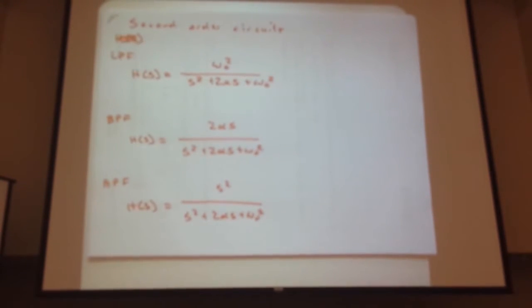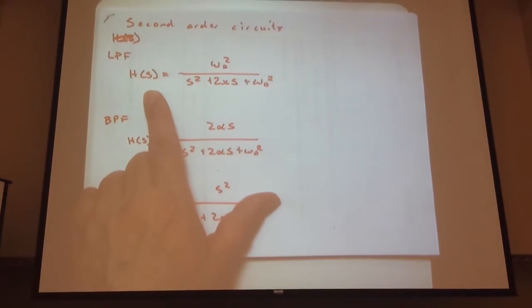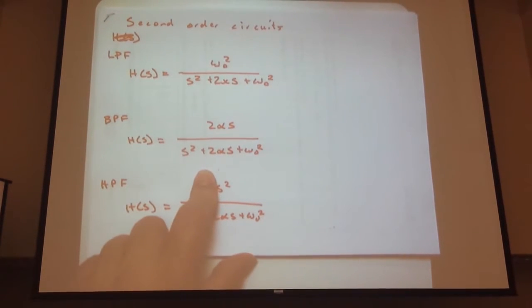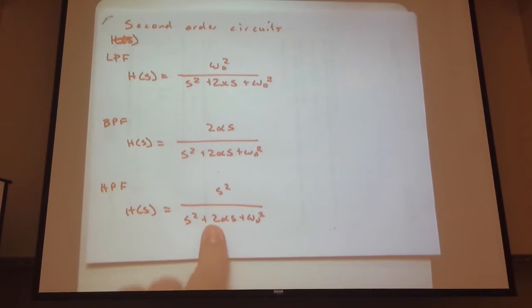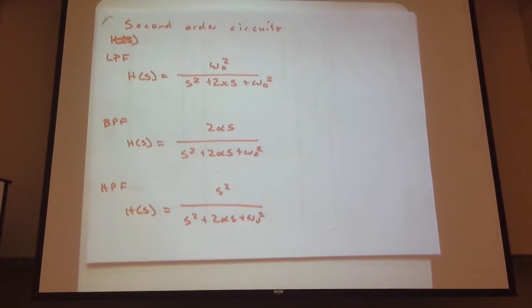Whether you're building a low pass filter, band pass filter, high pass filter, depends on the circuit and what you're measuring across. For our familiar RLC circuit, the low pass filter is measured across the capacitor, the band pass filter is measured across the resistor, and the high pass filter is measured across the inductor. But these are the general forms of the expression.